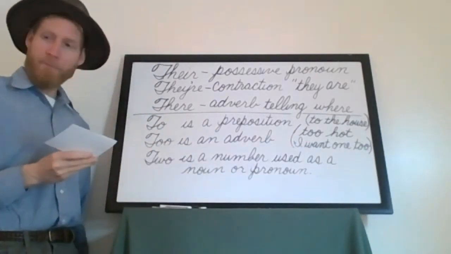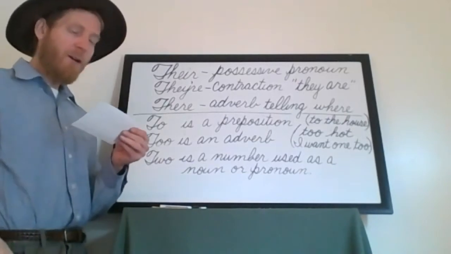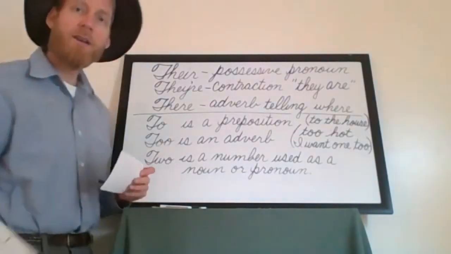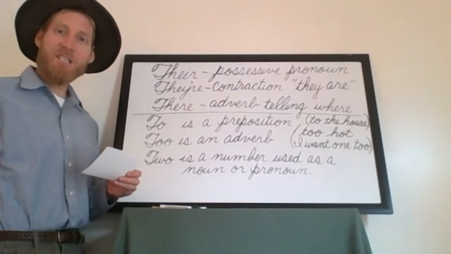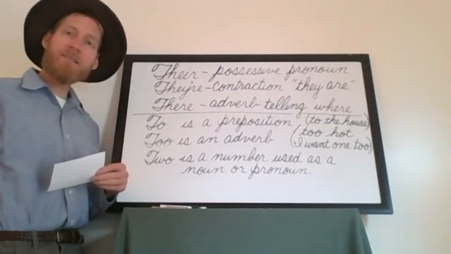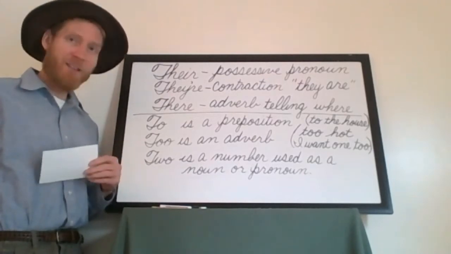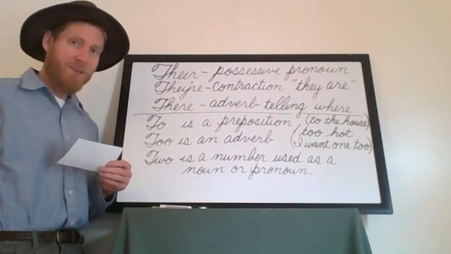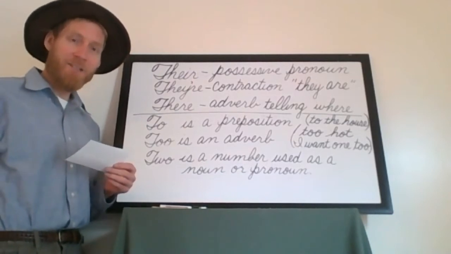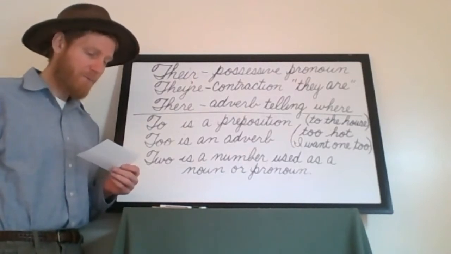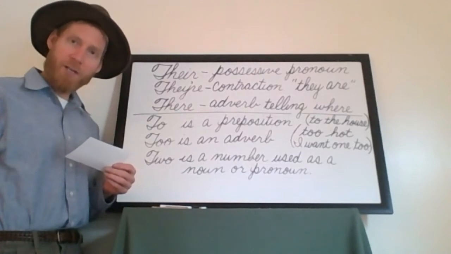Let's review. The bird hurt its wing. Spell its. Did you say I-T-S? Its wing, not the one with the apostrophe, because that means it is, right? How about this? Where is your book? Spell the word your.